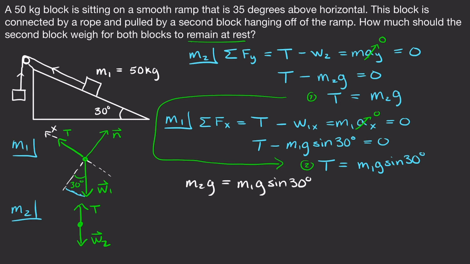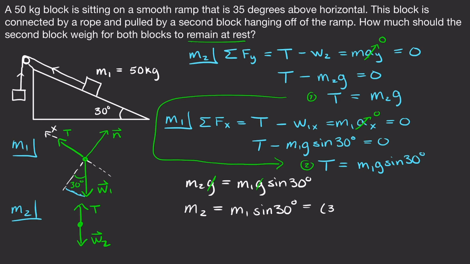And since I have a g on both sides, I can divide both sides by g and get rid of that. And I want to find how much the mass of 2 needs to be, so m2 is going to equal m1 times sine of 30 degrees.